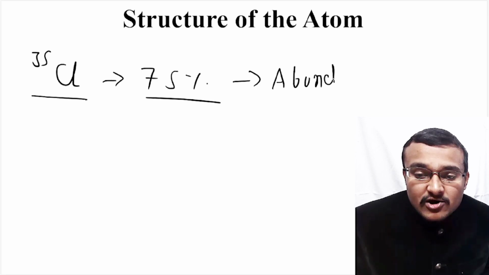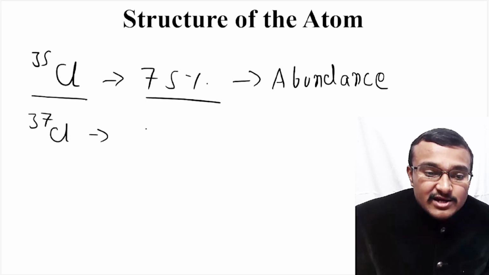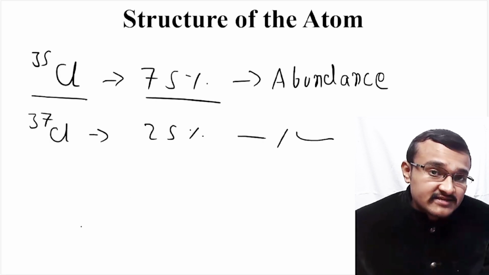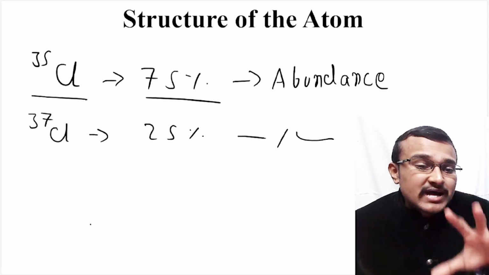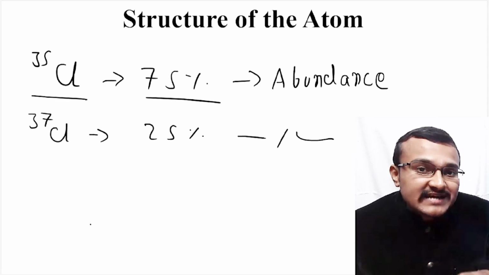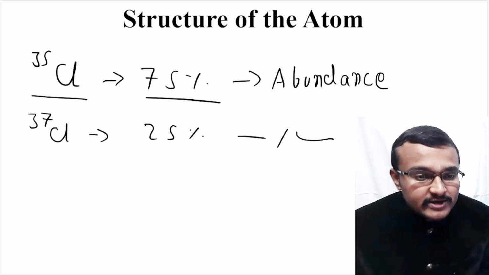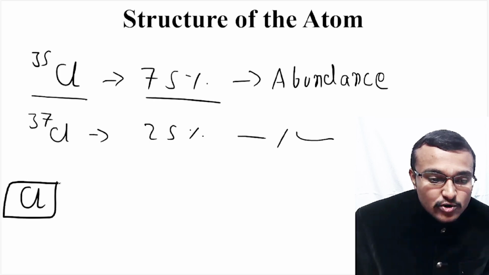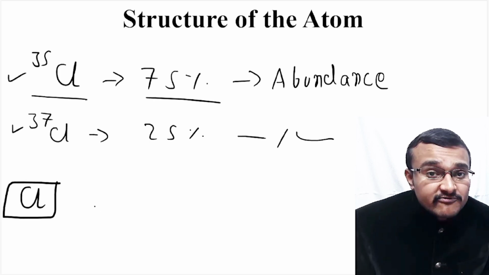Cl37 has 25% abundance. Both have different atomic mass numbers, so you should average out the atomic mass numbers of both isotopes, and in general give the atomic mass number for chlorine. So to calculate the atomic mass number of the chlorine atom, you should consider both the isotopes of chlorine.